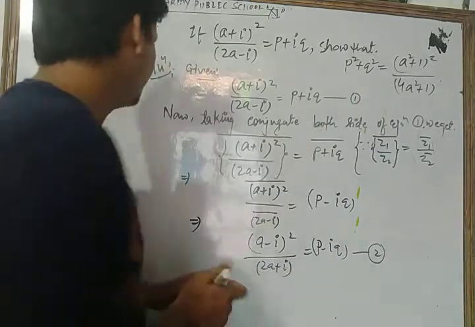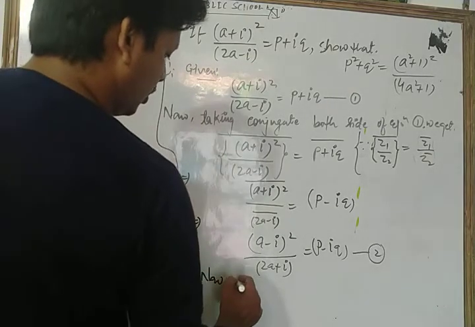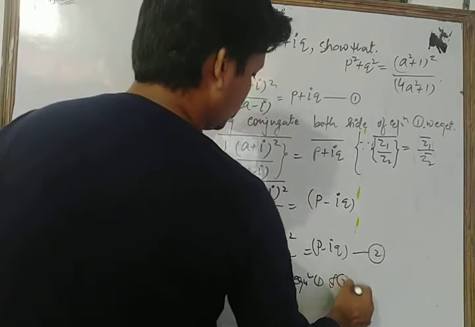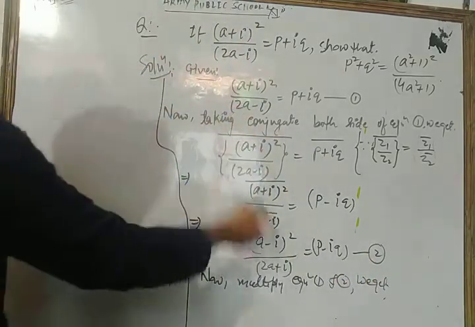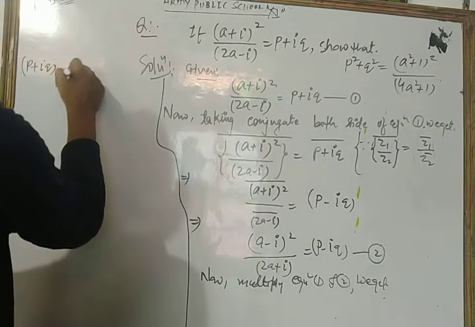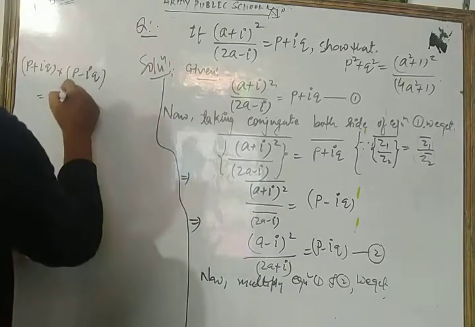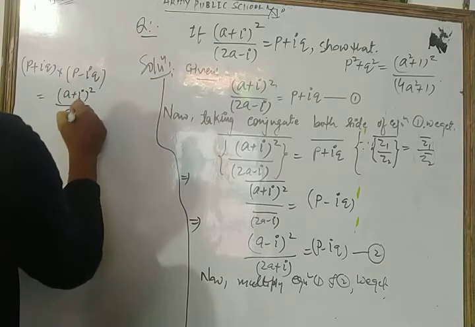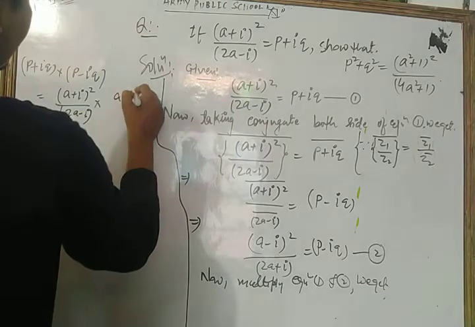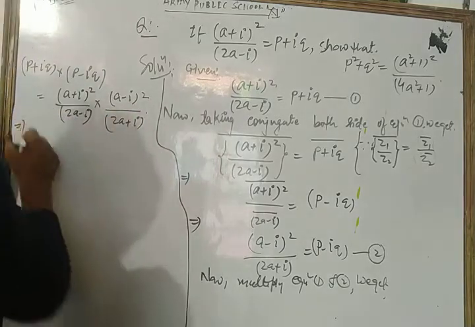We get (p + iq)(p − iq) on the left side, equal to (a + i)² / (2a − i) multiplied by (a − i)² / (2a + i).